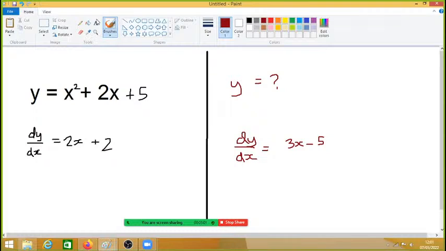And normally that's towards the end of the year because you'd have learned integration by then. So to get the original equation, you would have just integrated. So 3x would have integrated to 3x squared over 2. The minus 5 would have integrated to minus 5x.